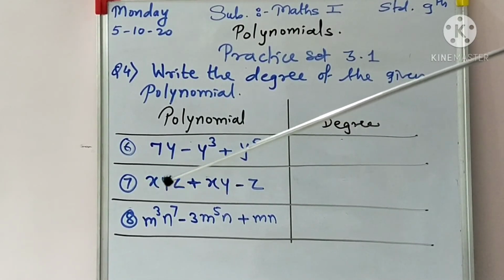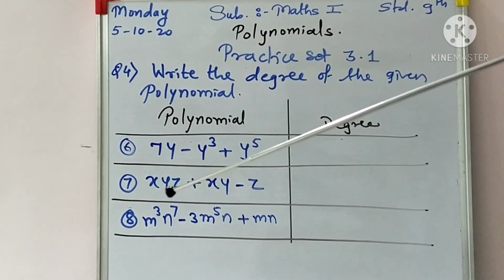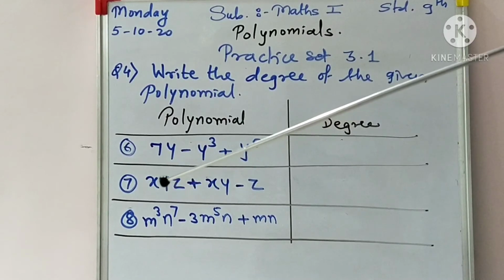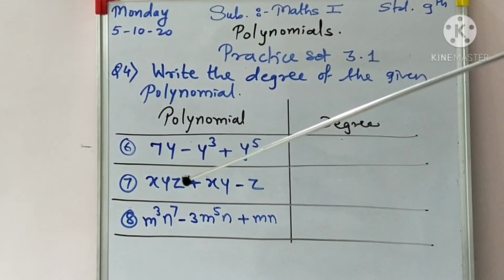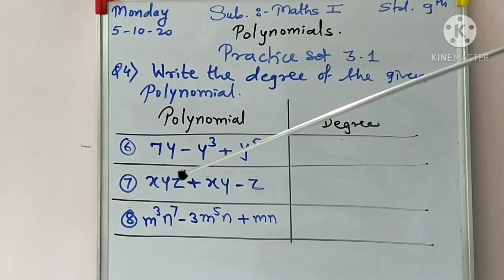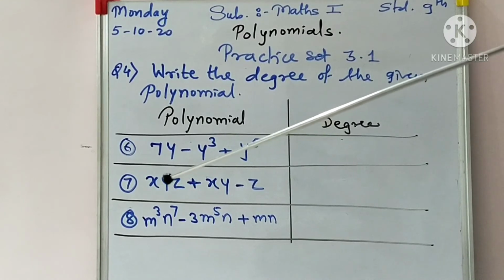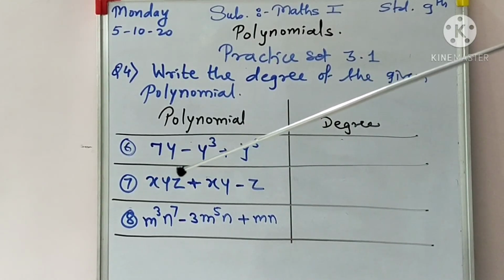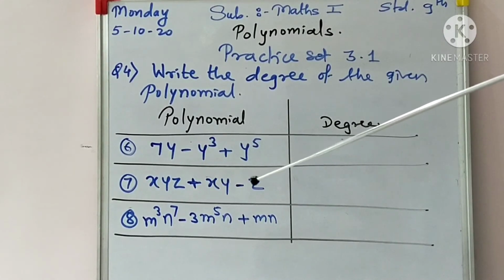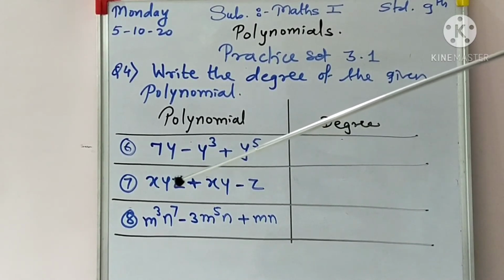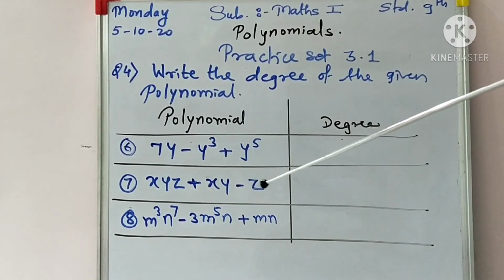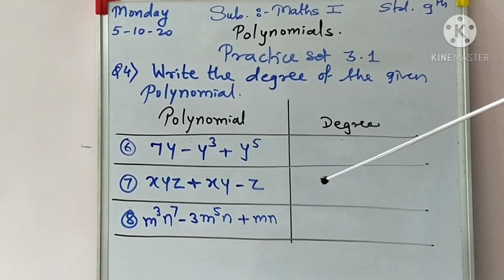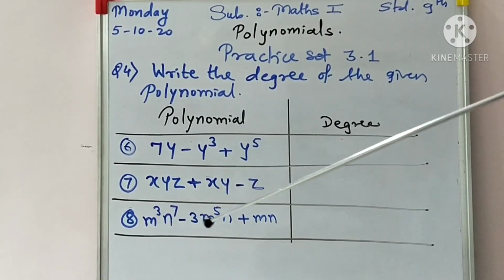Means here in the first term of this polynomial, x, y, z, 3 variables are there and each has power 1. So as we add the powers, it becomes 1 plus 1 plus 1 as 3, which is the highest one compared to the other two terms. So the degree of the 7th polynomial is 3. Getting this? And similarly find out for the 8th one.